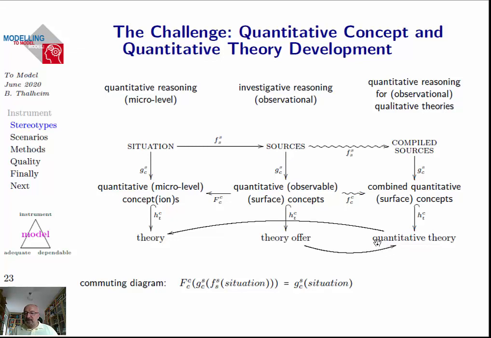That means we would like to have something like combined quantitative concepts, and in this case represent what is given at the real micro level by, let's say, our investigation that leads at least to a result. That means in this case we can meet the challenge to derive quantitative concepts and to develop a quantitative theory.